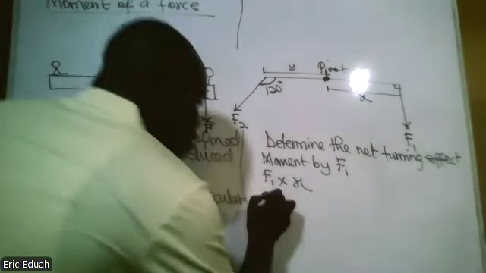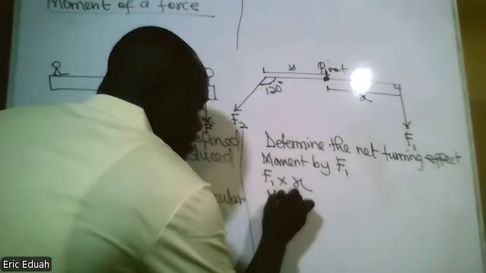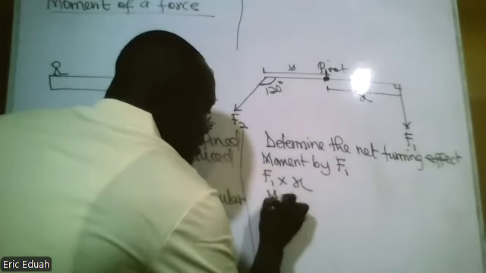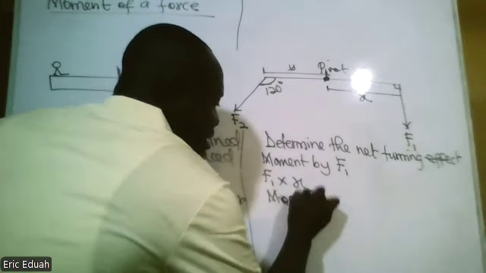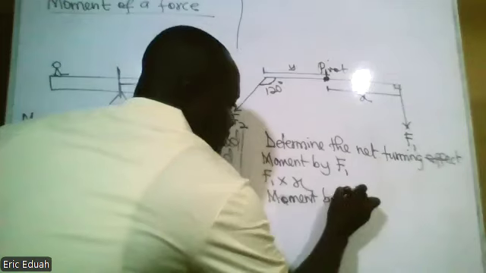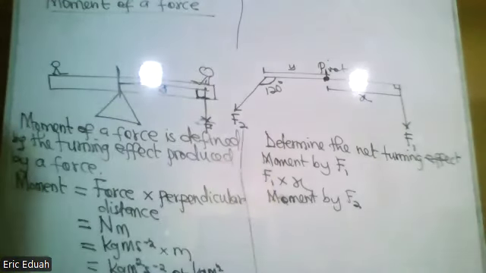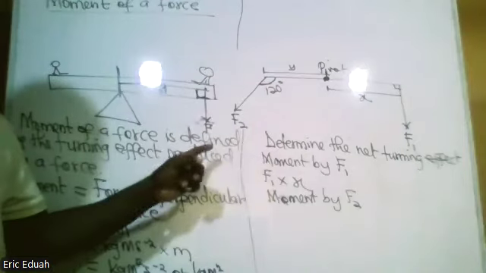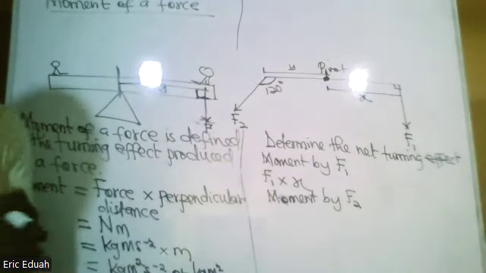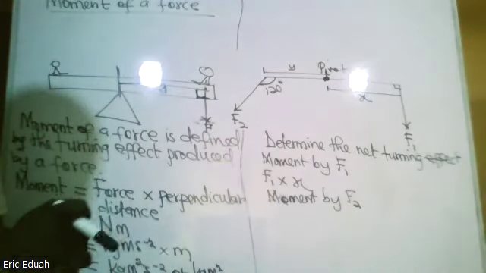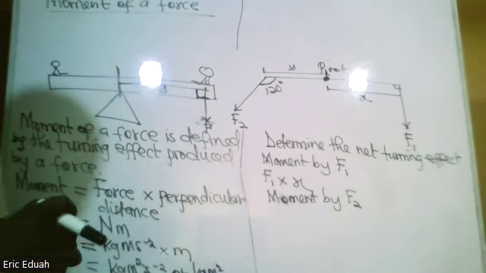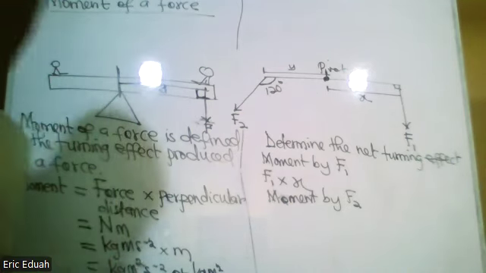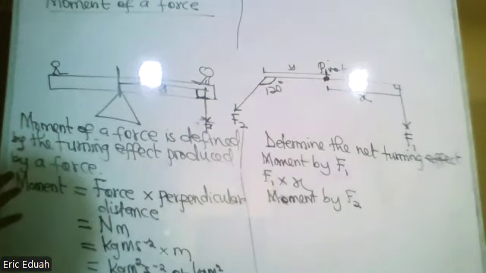Then moment by F2. We are saying that moment is the product of the force and the perpendicular distance. So if the force isn't perpendicular to the distance, we cannot easily calculate moment.